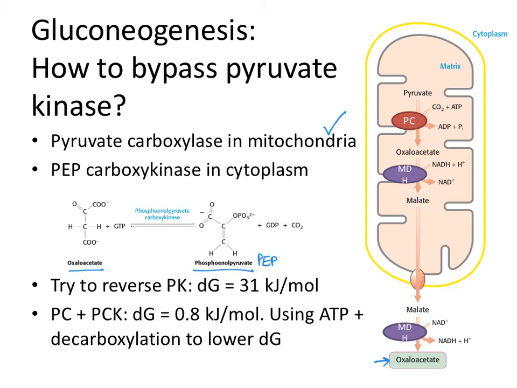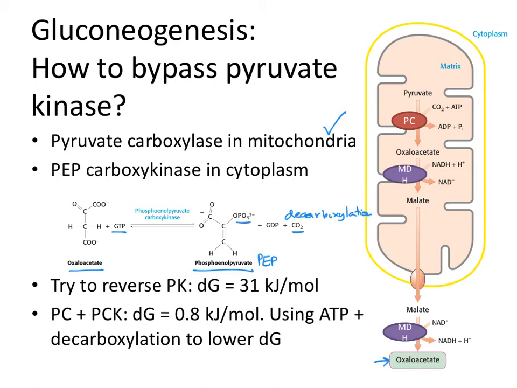We need to add a phosphate group to oxaloacetate in order to make this reaction work. And here we're using actually GTP hydrolysis to add this phosphate group and produce PEP. Additionally, you can see we're releasing CO2 in this step. So we've used the decarboxylation to create this high energy molecule.